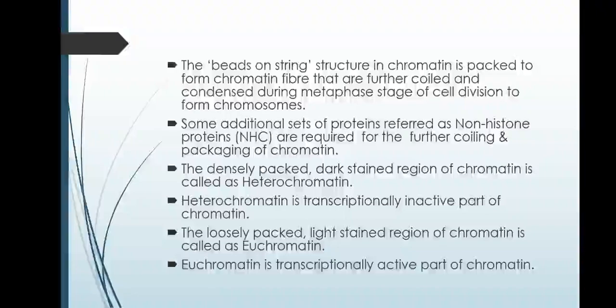This heterochromatin part does not transcribe, does not code for any protein. But there are certain regions that are loosely packed and give a light stain, called euchromatin, and that is the transcriptionally active part of chromatin. Euchromatin is the transcriptionally active part.